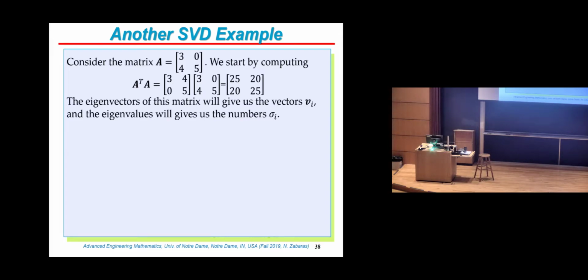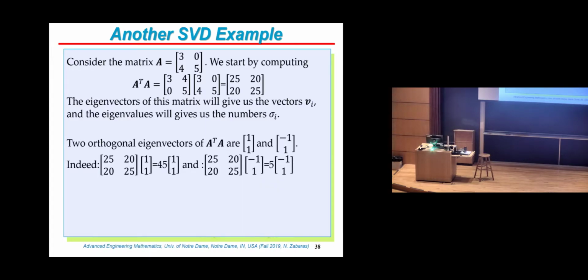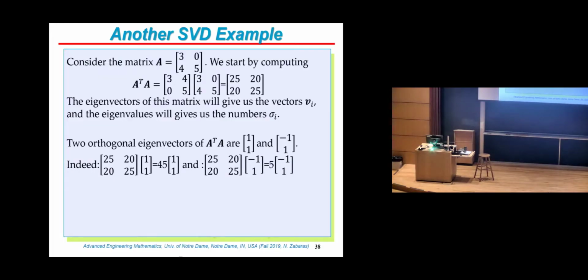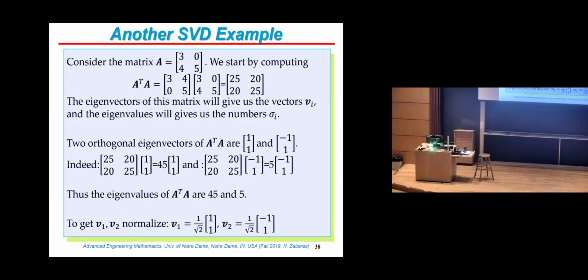So you compute A transpose A and find the eigenvalues and the eigenvectors. The eigenvectors come to be (1, 1) and (-1, 1), and the eigenvalues are 45 and 5. These are the V vectors if you normalize them.